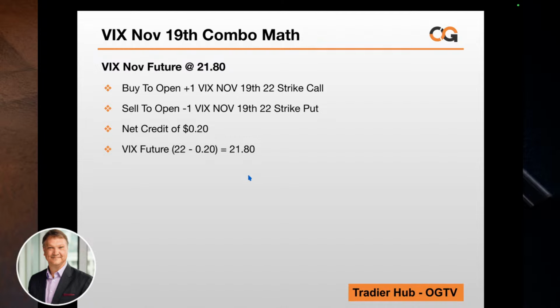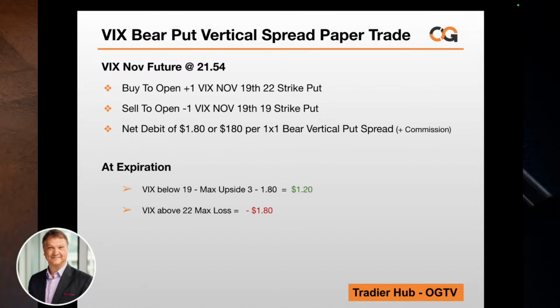So we put a trade together. Like I said, on Friday, October 17th on the Options Guy TV inside the Tradier Hub, I actually proposed a paper trade in the VIX where we got short the VIX index.